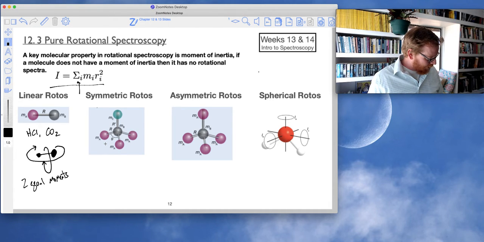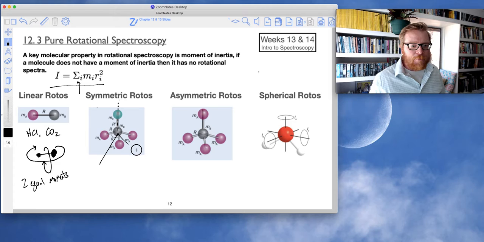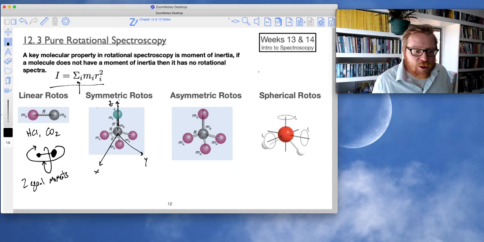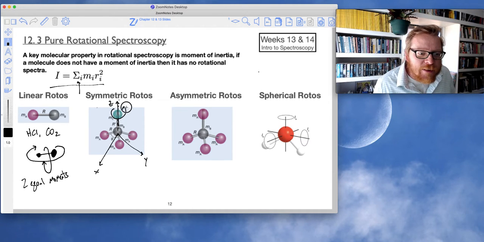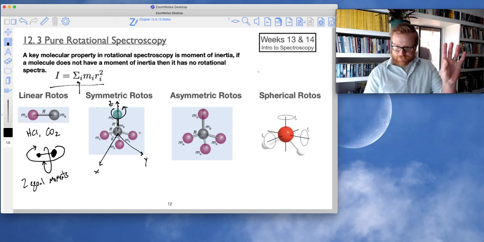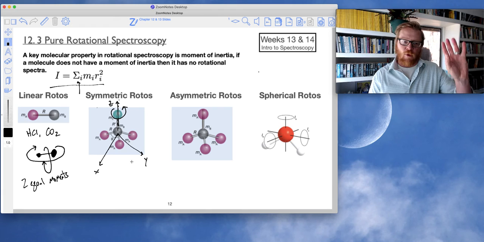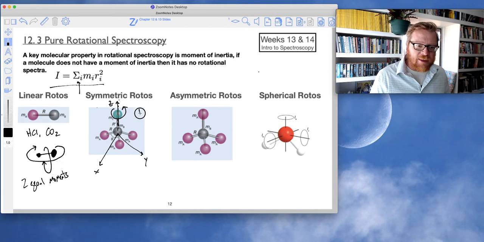But what I want to point out with these symmetric rotors is that the way we can start thinking about how many moments of inertia there are is if I look at an XYZ coordinate, Z, X, Y, and think about how I can rotate this molecule based on this coordinate system. If I rotate it just around this Z-axis, that's going to create a moment of inertia because of these masses that are swinging around. We call that the I parallel.